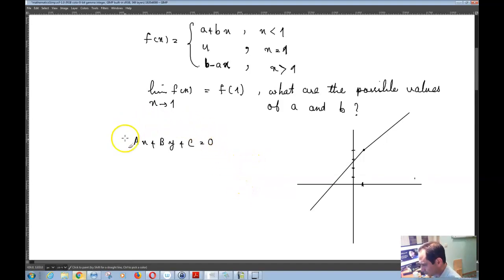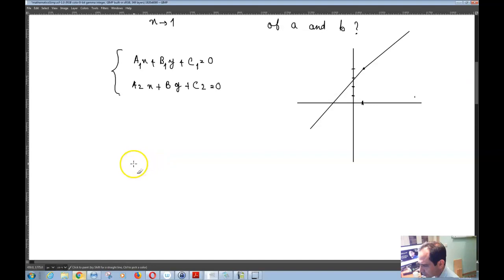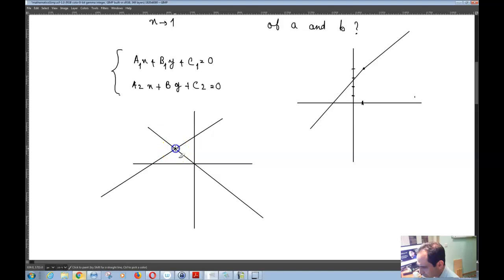Now, if two lines have one point of intersection, suppose that, for example, you have a1x plus b1y plus c1 is equal to 0, and a2x plus b2y plus c2 is equal to 0. Suppose that these are two lines and they have this point of intersection.